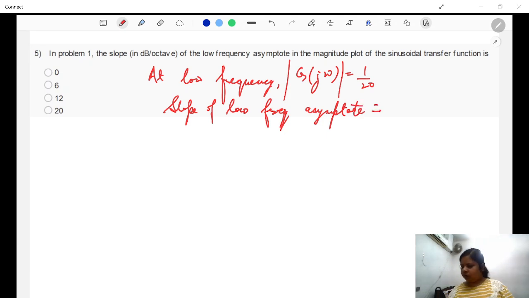Can anyone tell? You can pay attention to this detail that at low frequency the magnitude is a constant. So given the magnitude is a constant, right, the slope is 0. Good.